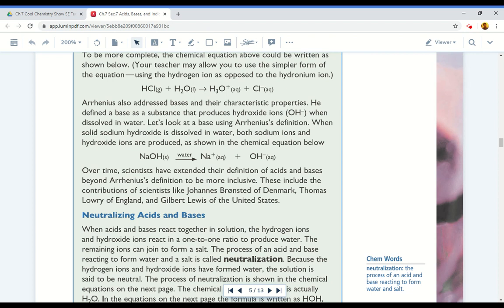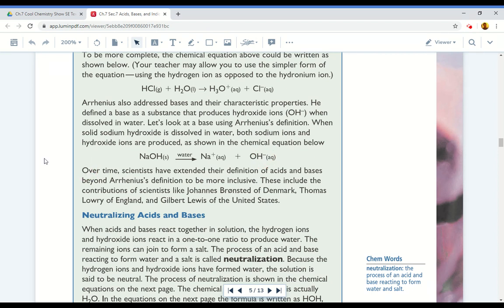Okay, so here we go. When solid sodium hydroxide is dissolved in water, both sodium ions and hydroxide ions are produced.